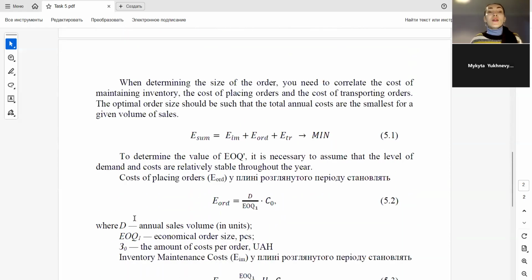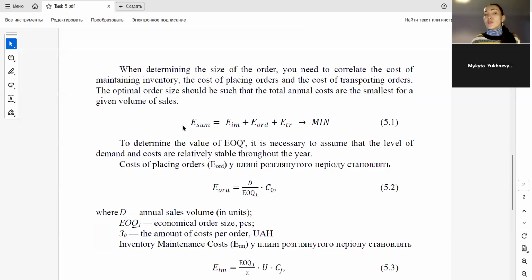So, when determining the size of the order, you need to correlate the cost of maintaining inventory, the cost of placing orders, and the cost of transporting orders. The optimal order size should be such that the total annual costs are the smallest for a given volume of sales.